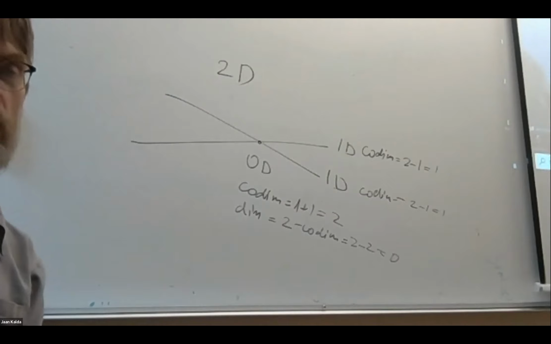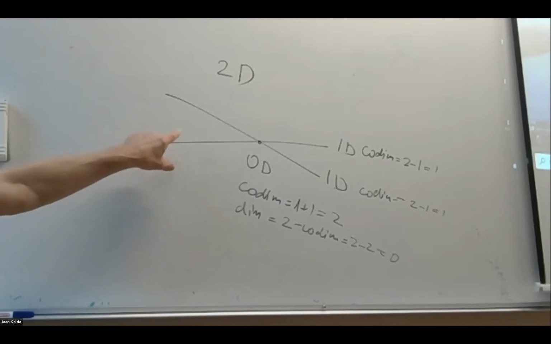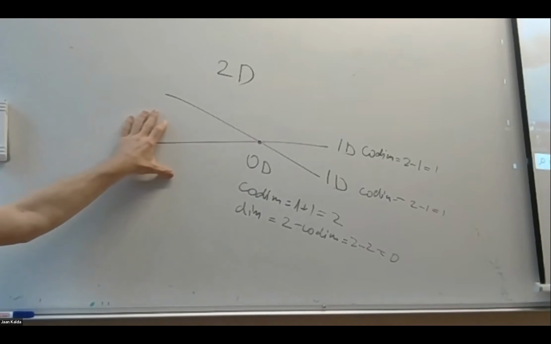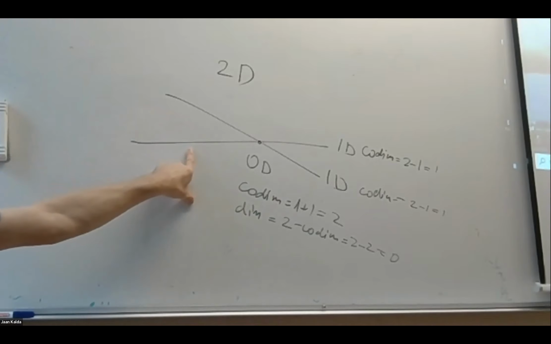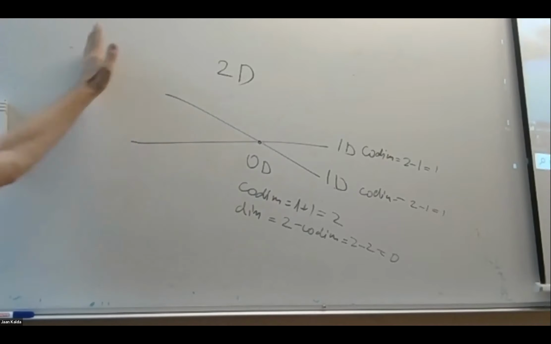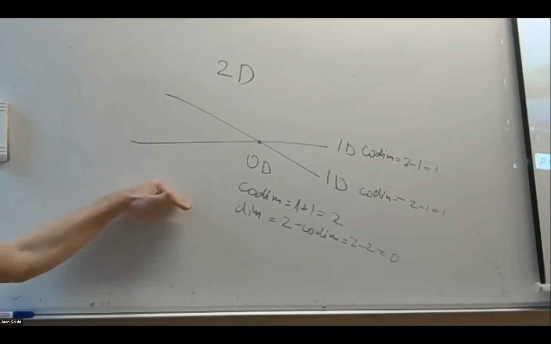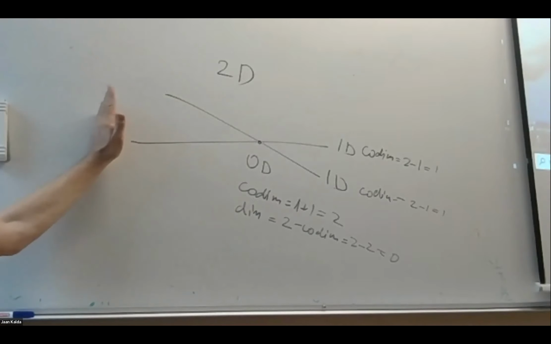Codimension is exactly what it says. If you think in terms of axes, like a coordinate system, one line represents one coordinate x. In the plane, you need to have 2 coordinates. So codimension is in a sense the number of missing coordinates.